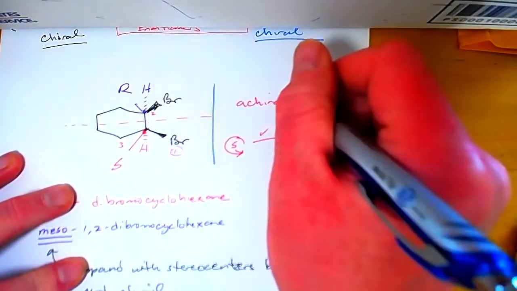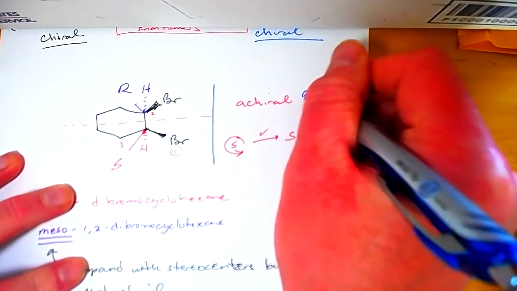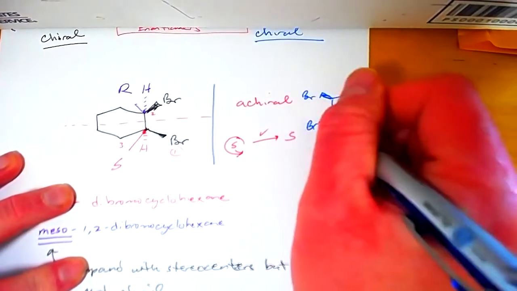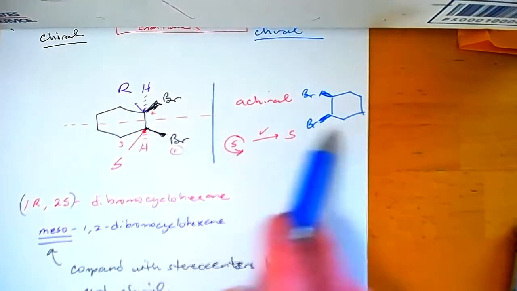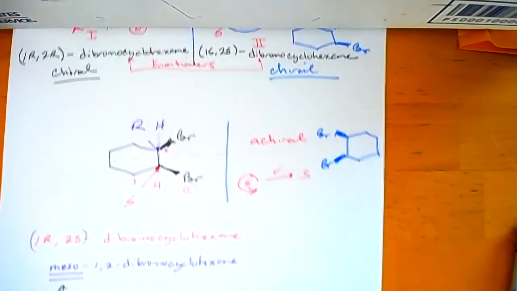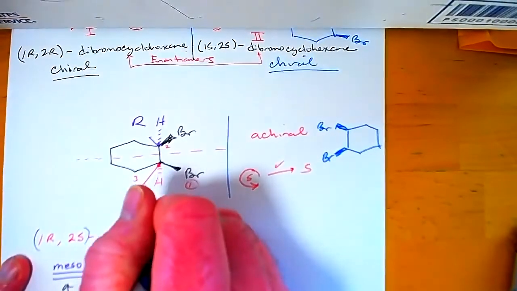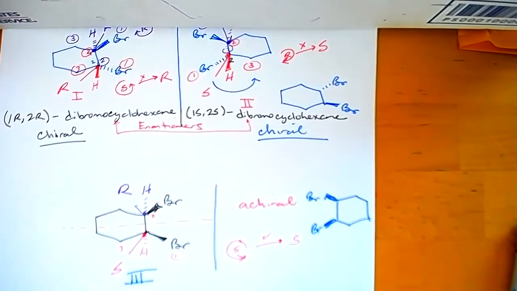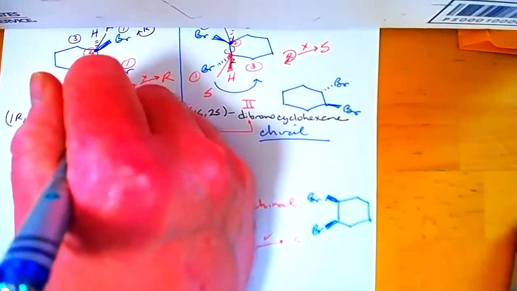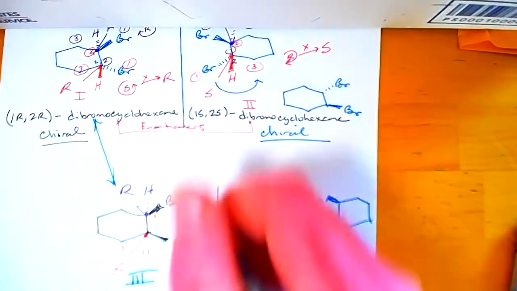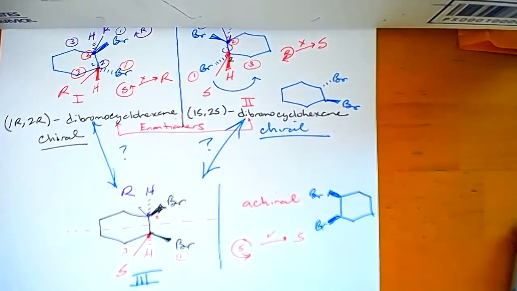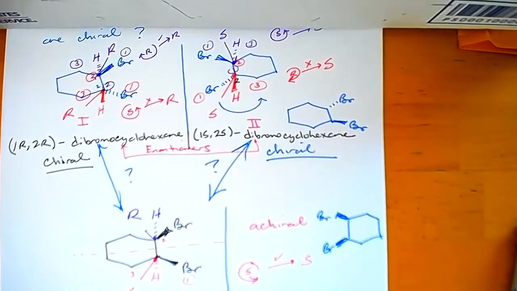So if you drew the mirror image of this system, it would end up being this, which is in fact identical to that. So if we label this compound number 3, okay, right here, compared to 1 and 2, what is the relationship between 1 and 3 and 2 and 3? Do they have any relationship at all?